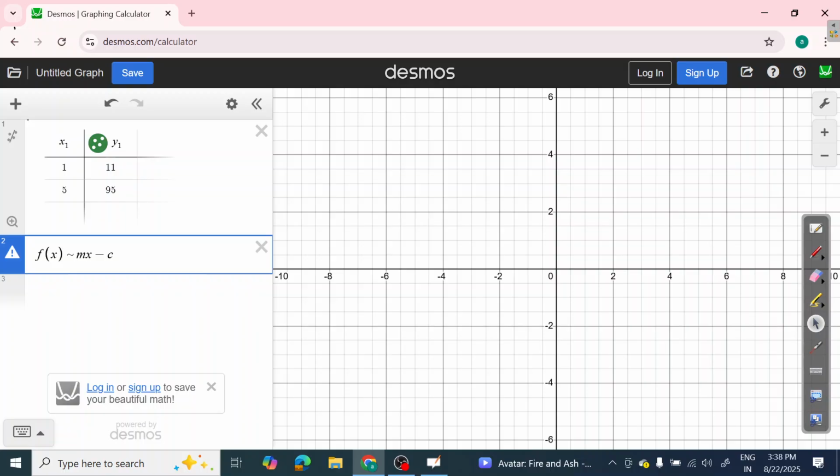On your keyboard, press and hold shift, and you will see a button right below the escape button. Click on that. You'll see the symbol on it. But again, there is an error. Instead of x, we have to write x1, and instead of f of x, we write y1.